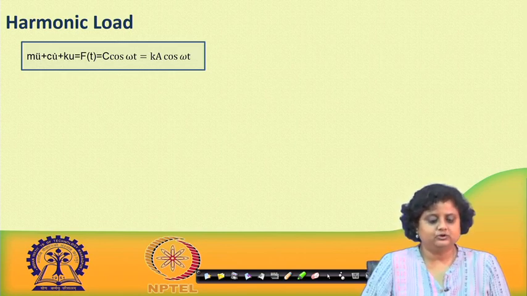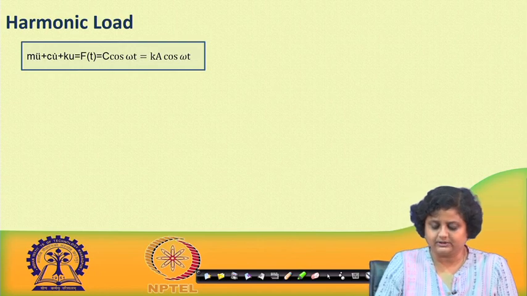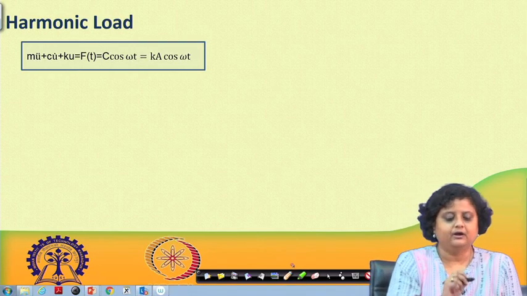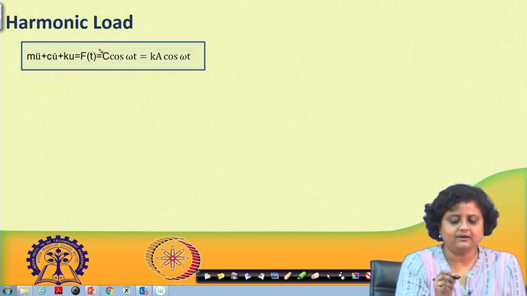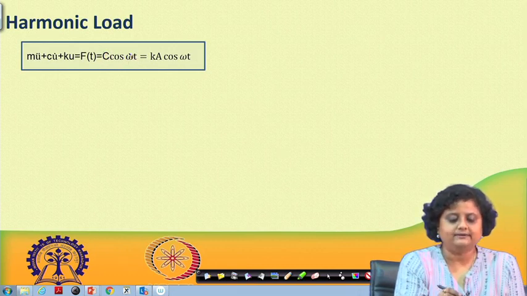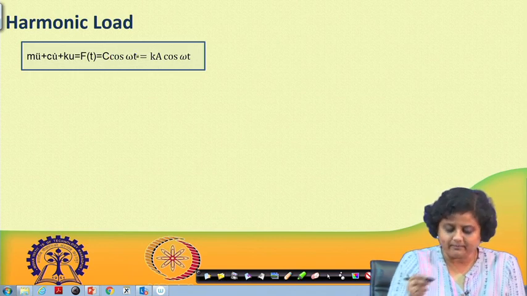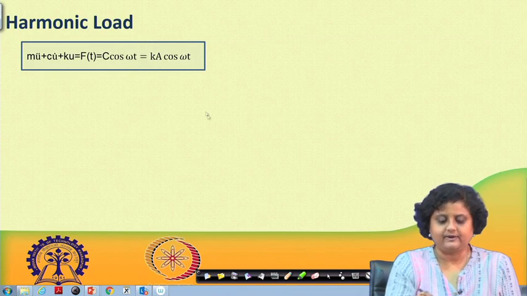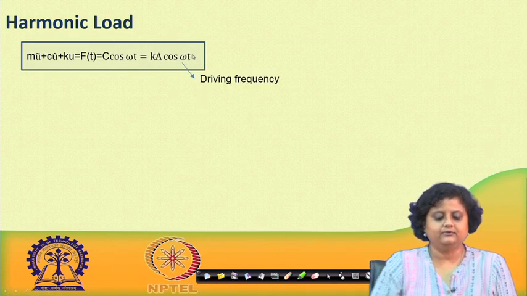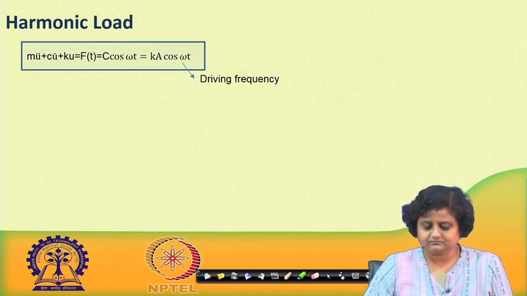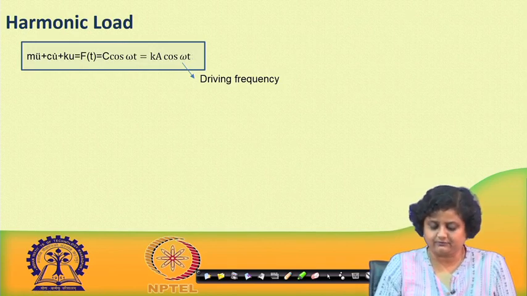This is the equation of motion of such a loading, where the externally applied load f(t) is a constant C times cos omega t, where C is the amplitude or magnitude of the load and omega is the driving frequency, or frequency of the forcing function.